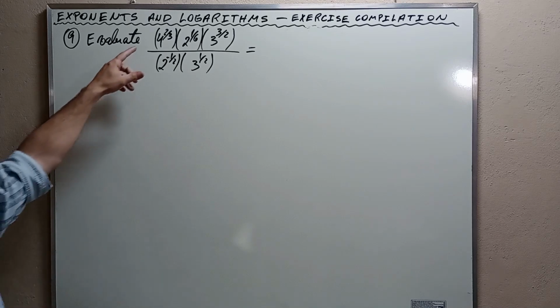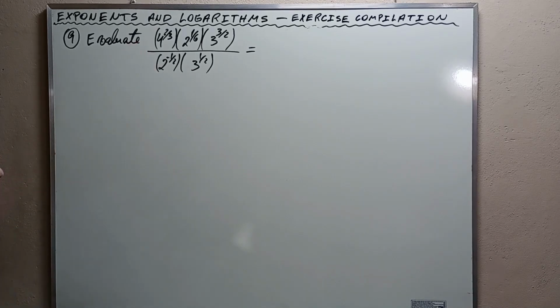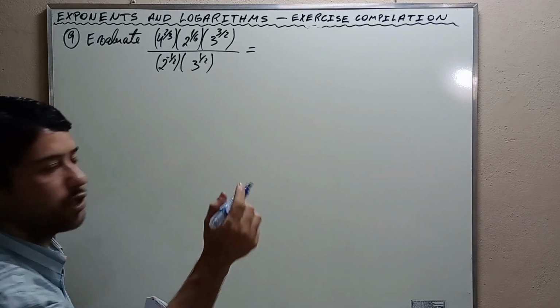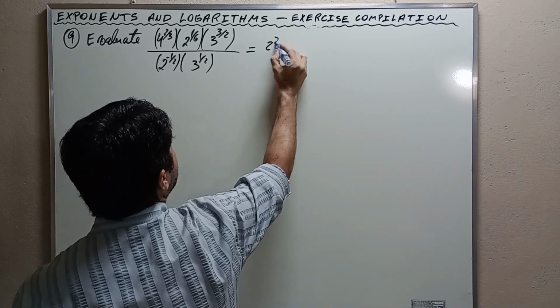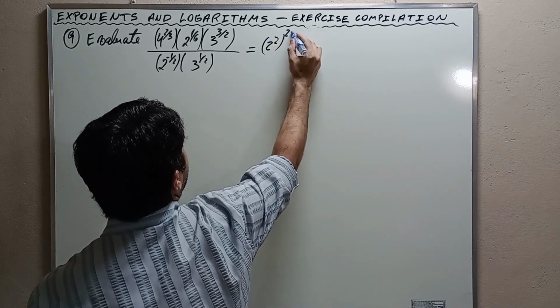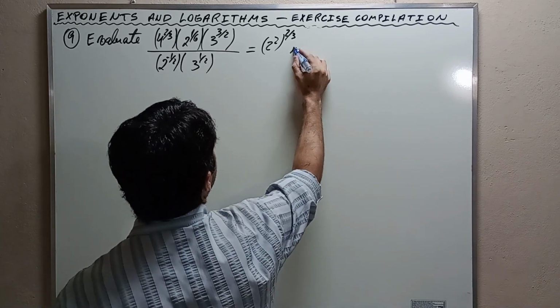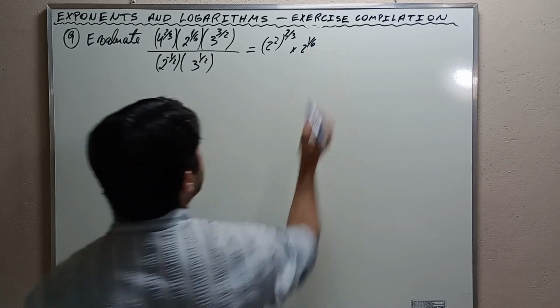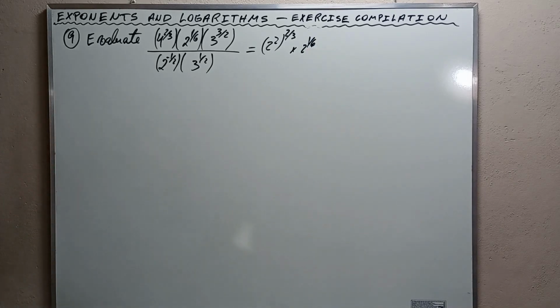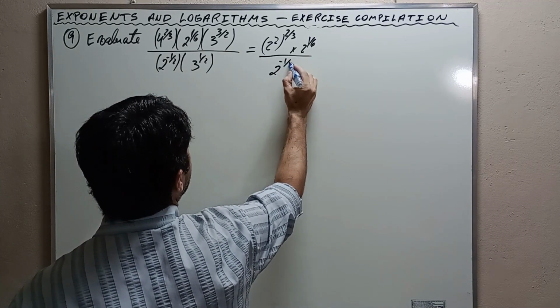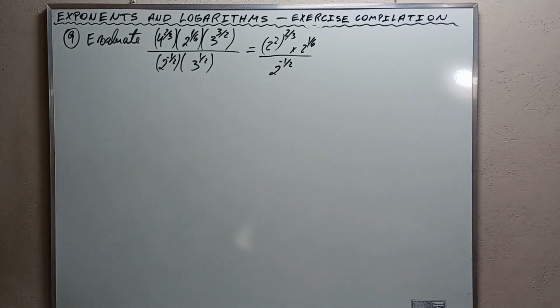Okay, observe that 4 is 2 squared, and then if we convert it to 2, it becomes 2 squared raised to the power of 2/3 times 2 1/6 divided by 2 to the negative a half.